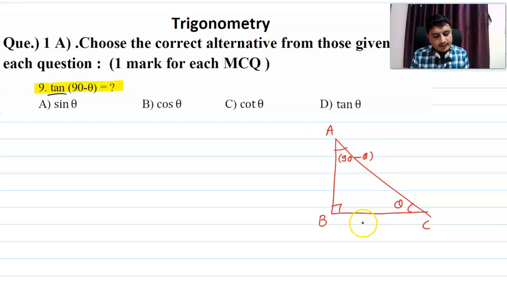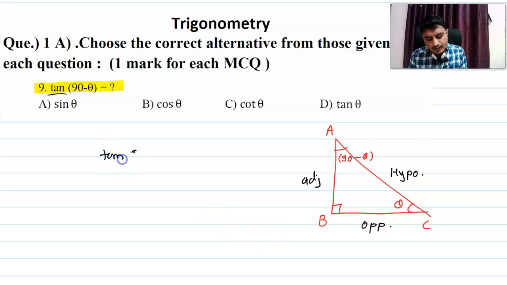With respect to 90 minus theta, the opposite side is BC, the adjacent side is AB, and the hypotenuse is AC. So tan of 90 minus theta equals opposite side upon adjacent side, that is BC upon AB.